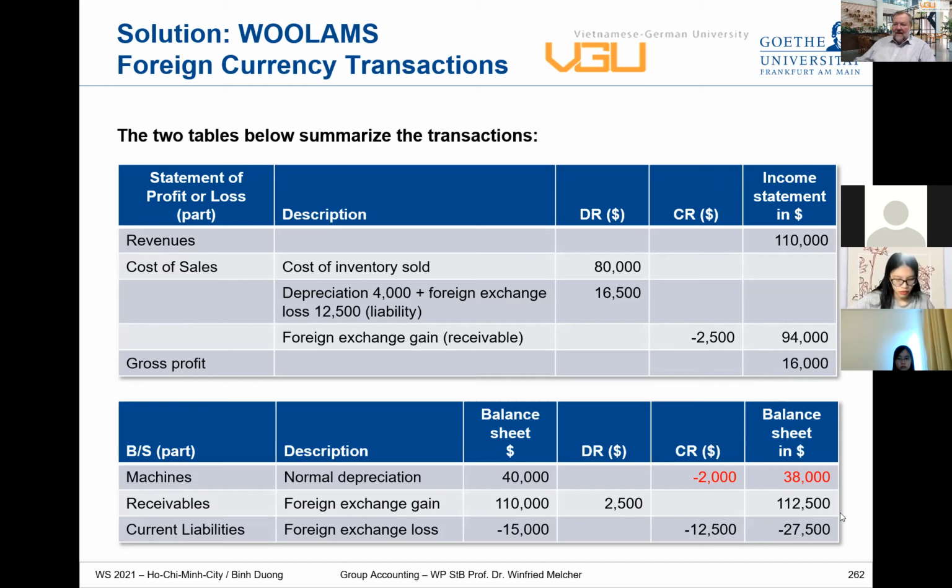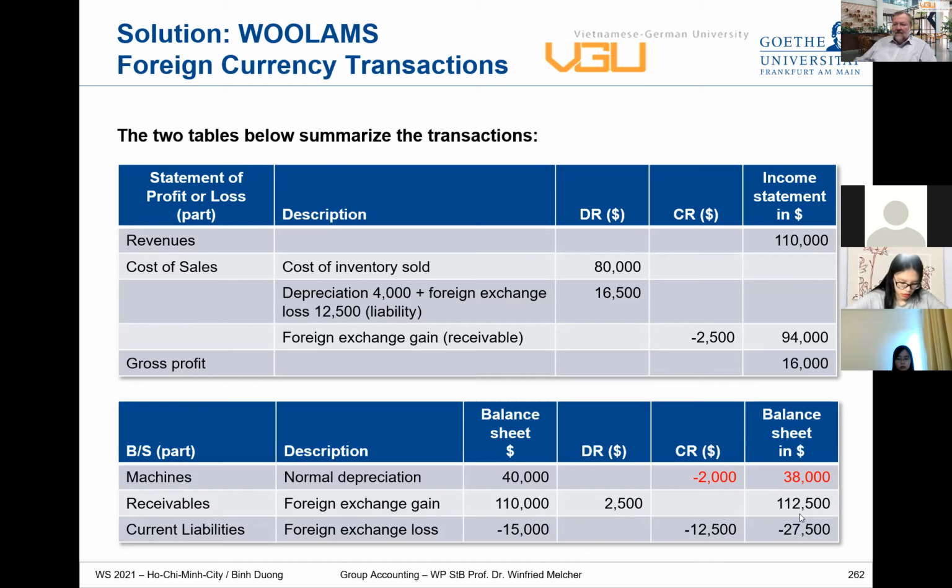Well, that was the income statement. When we look at the balance sheet, we have the machine. We bought it at 40,000. We had a depreciation of 2,000. And then in the balance sheet, it will account for 38,000. The receivables we got for 110, but in the end, they were worth more because of the foreign exchange gain.